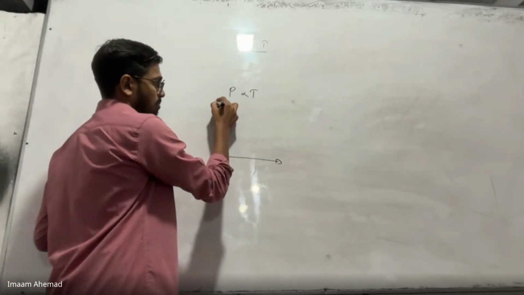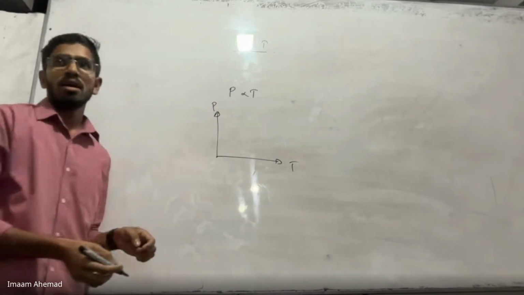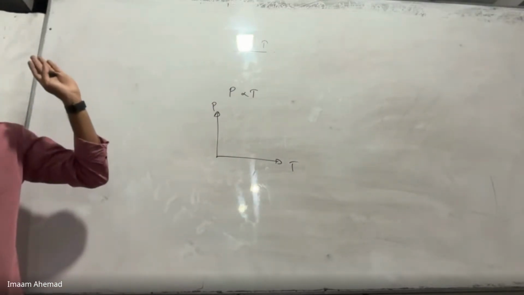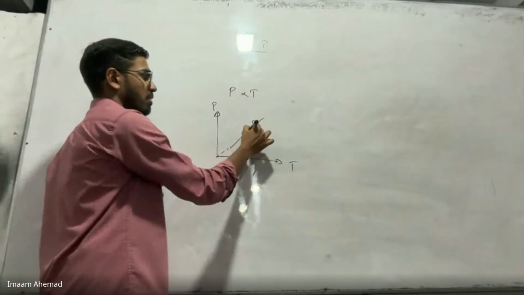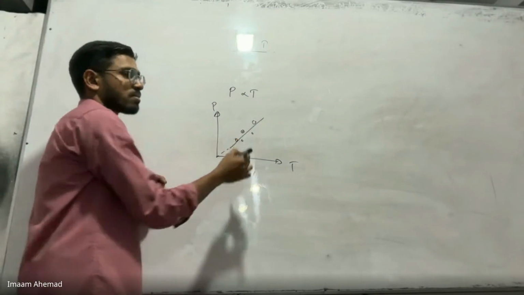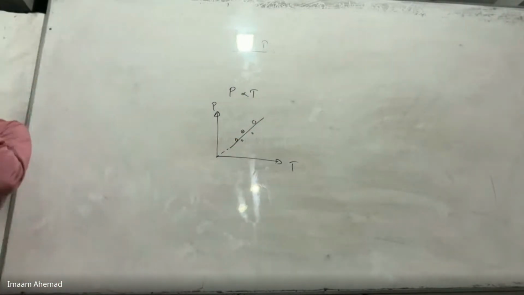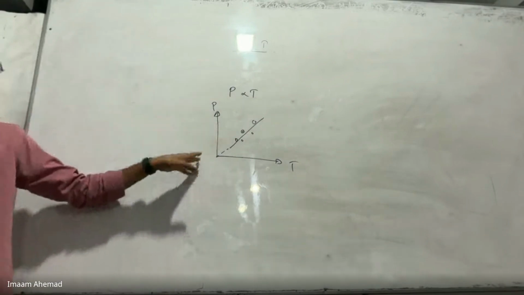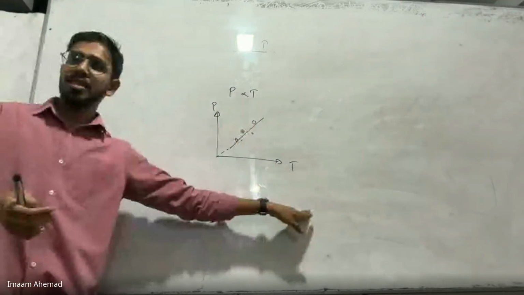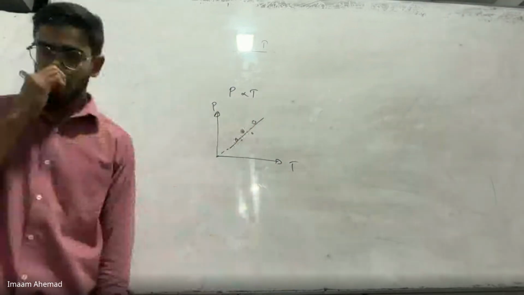If we plot P versus T, we must get a y is equal to mx graph from these data points. Then we can say that P is proportional to T. That is how we verify these laws.